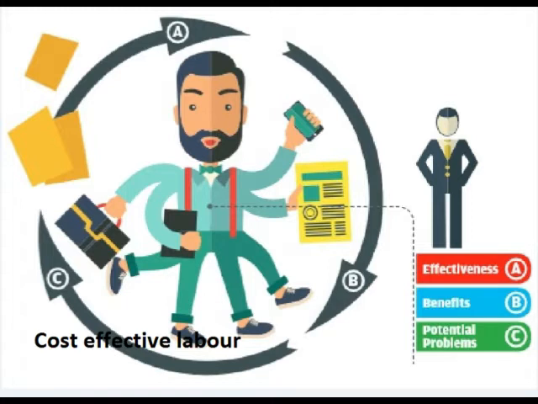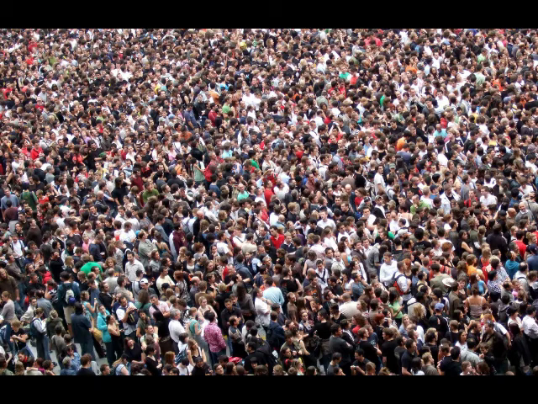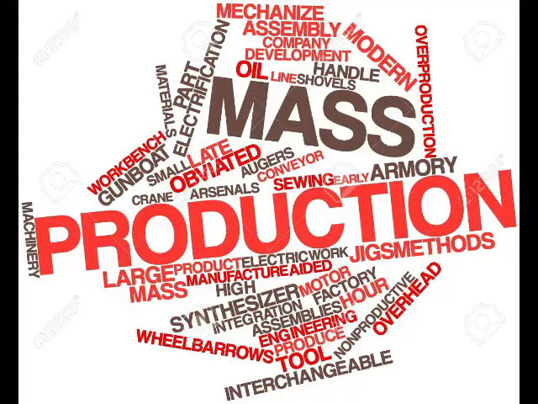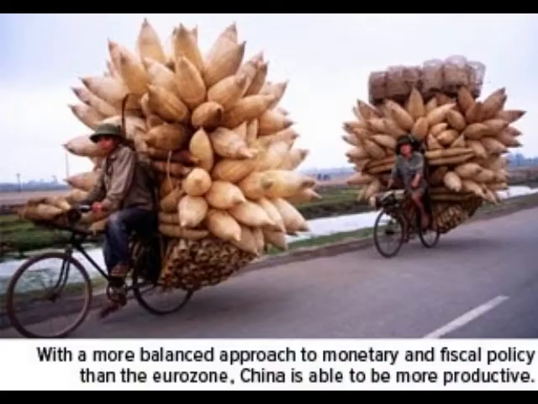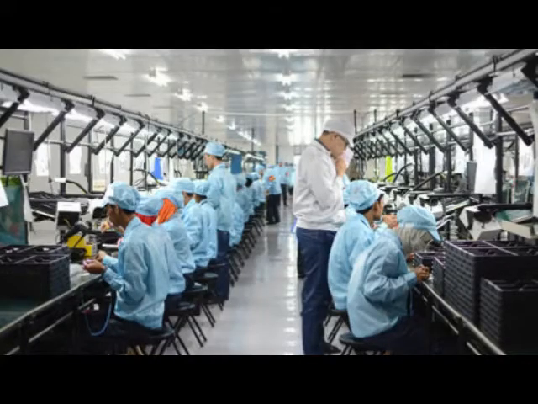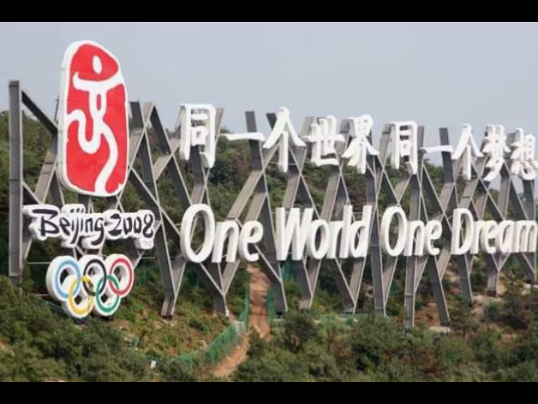Number 3. Cost-effective labor. Both India and China are overcrowded nations, and such nations can have the advantage of cost-effective labor in order to make mass production only if they are skilled. But when we compare the skills of both nations, we come to know that Chinese people are more productive. This is because in China, skill development has actually been enabled, where both private and government firms worked together to train their workforce.